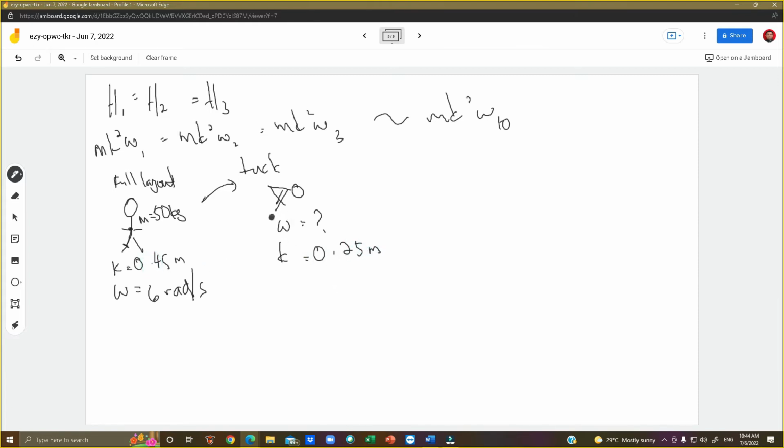So what is the new omega? So cuba cari berapa omega dia dekat sini. Okay. So these are the key. MK1 will always equals to MK2. Okay. Cari MK1 dulu. You are going to get how much omega during tucking. Silakan. Berapa jawapan dia?